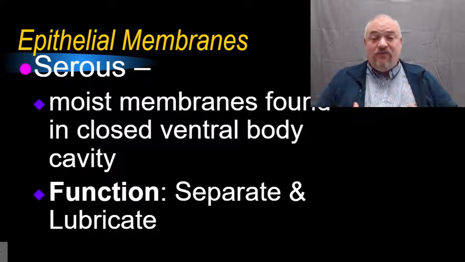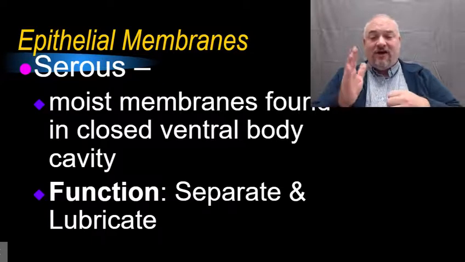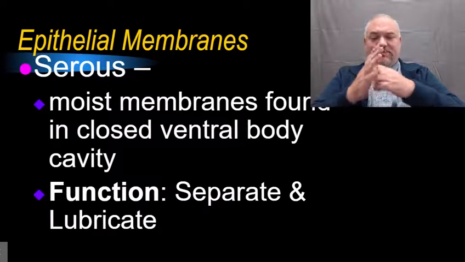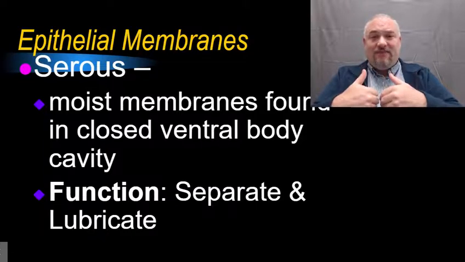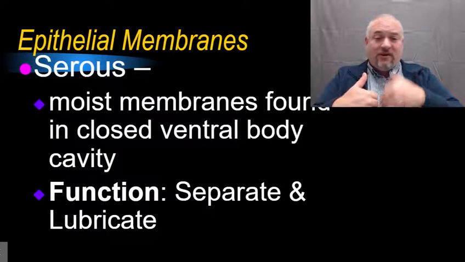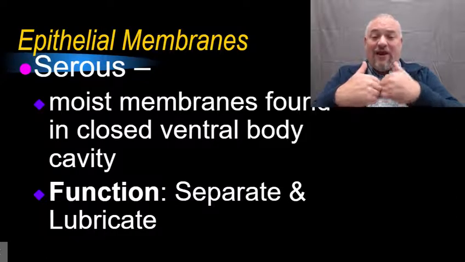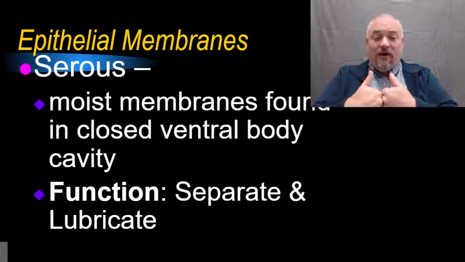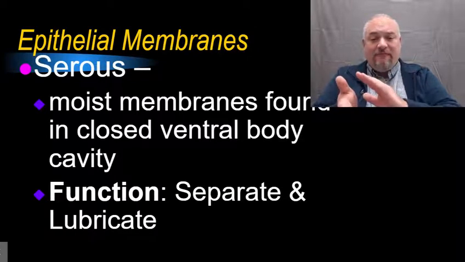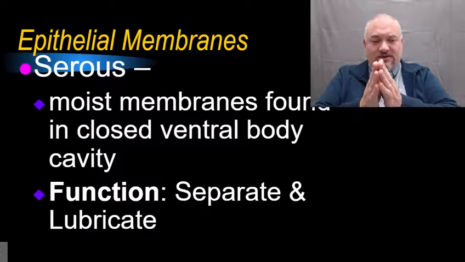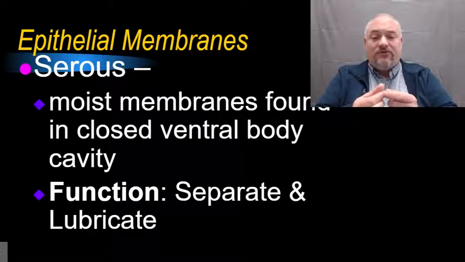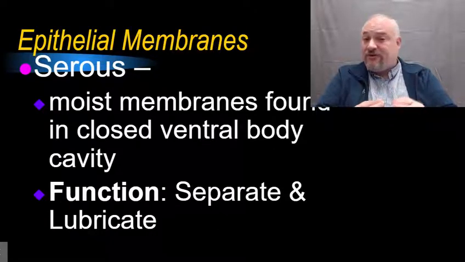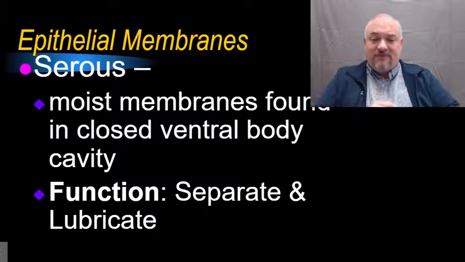So it's constantly moving in there, which means if your heart and your lungs were constantly moving next to each other without anything to separate them and to lubricate them, like oil in an engine where you've got moving parts all the time, they're eventually going to wear out, and you'll literally wear a hole into the heart or the lungs. So you need to have a tough membrane that can separate those organs that are moving, and you want a lubricating fluid surrounding those organs so they can move relatively friction free. And that's what serous membrane does for us.